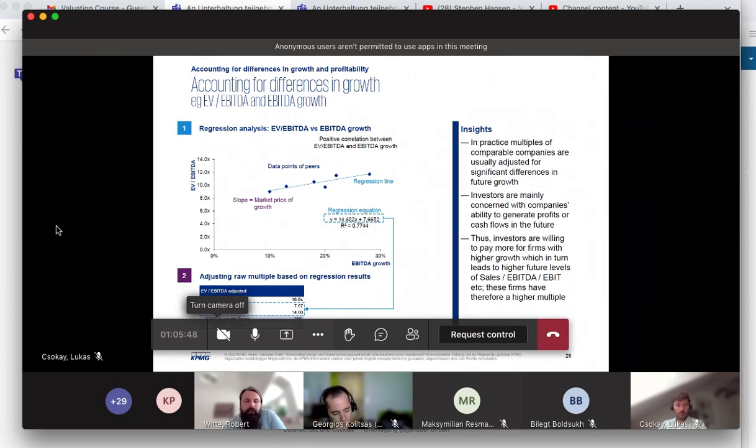And just keep in mind, you adjust your EBITDA multiple only for growth. You adjust the sales multiple for profitability and, if possible, for growth. Right? And you don't have to use the regression unless there are significant differences between the peer group and your target.